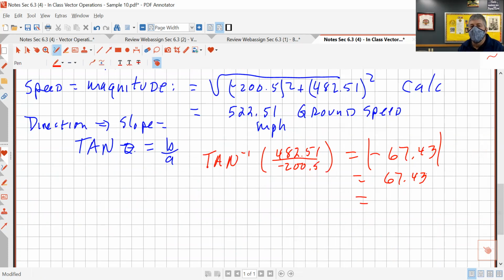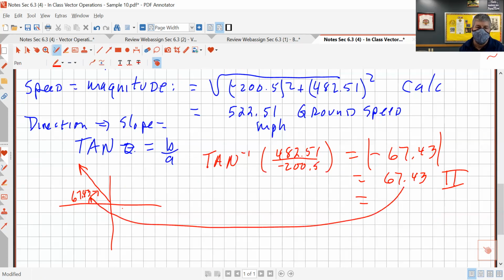All right, so this is 67.43, but in the second quadrant. The 67.43 is this angle. That's the 67.43. Am I making any sense here?